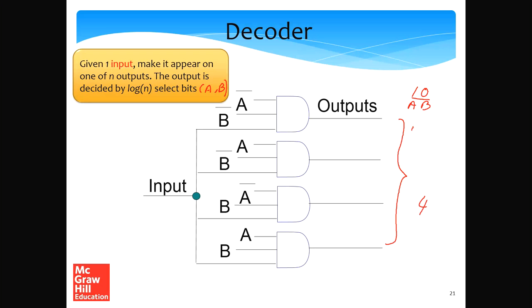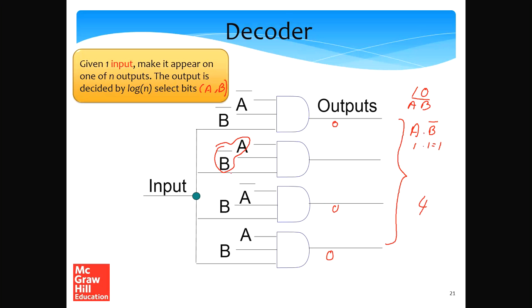A is 1 and B is 0, so A B bar is true. 0 complement is 1, so 1 dot 1 is equal to 1. This particular combination is true and the rest of the combinations are false. Since the rest are false, the output that you get is 0, 0, and 0.